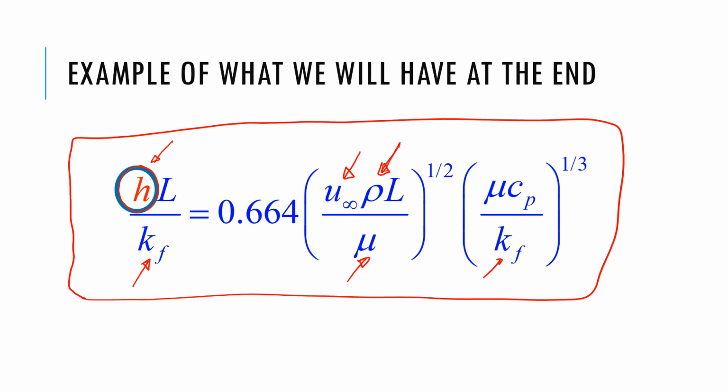So we have to really understand enough about the flow to be able to pick the right equation. To use these equations appropriately, you have to know enough about the flow because they depend on it. That's what this chapter is about.